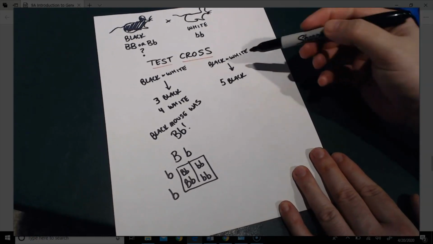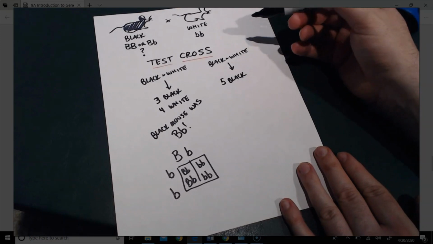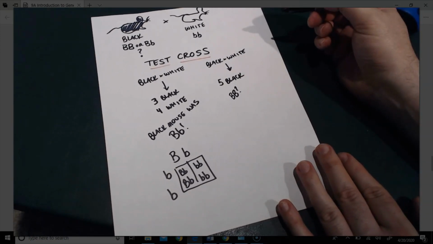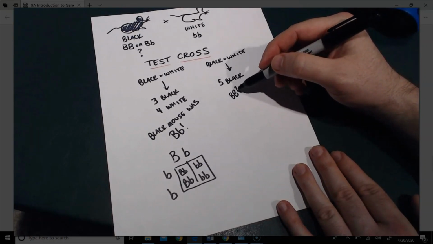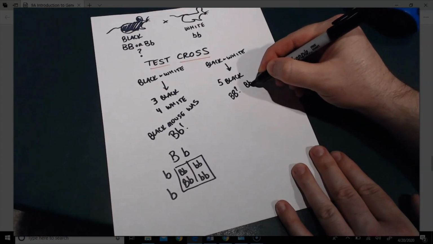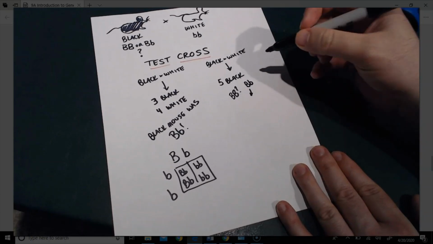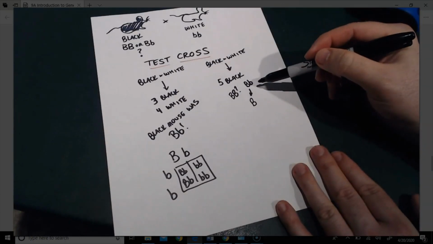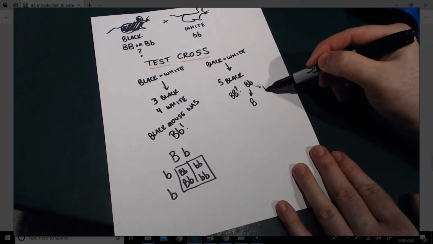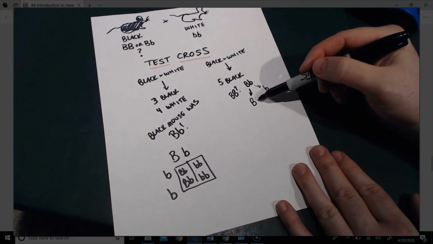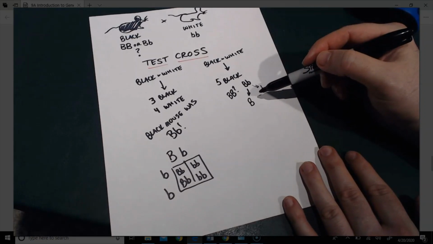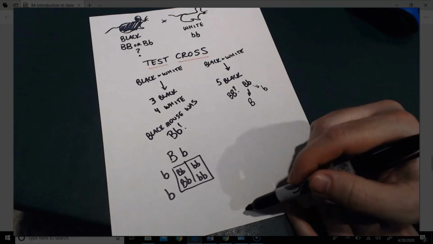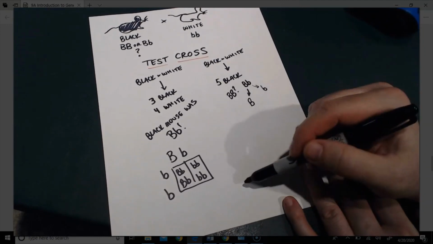Can you confidently say, because they had 5 black pups, that the dad had to be this? Or in the back of your head, are you saying to yourself, yeah, but he could have been this, and maybe just there's a chance that for every one of those kids, he just gave the big B. It's unlikely. He probably should have given a little b half of the time, but maybe, have you ever flipped a coin 5 times and gotten heads all 5 times? It happens.